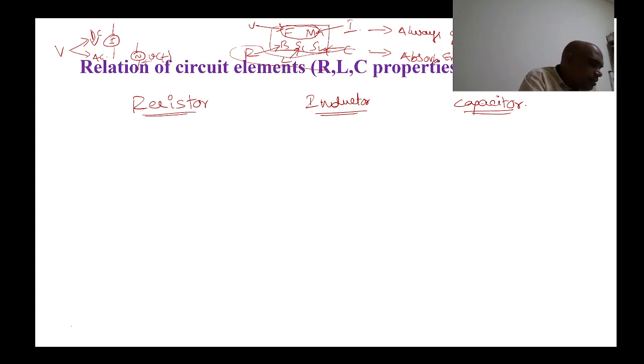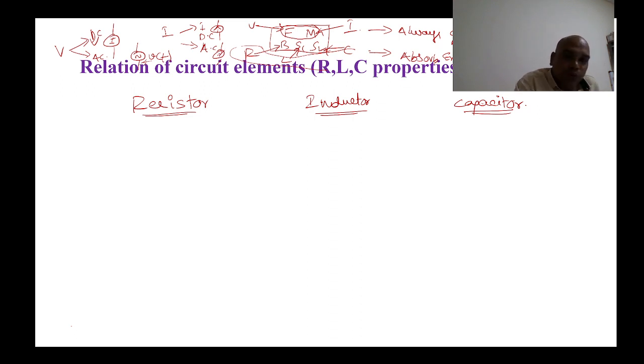If it is current, current is represented with I. So here I, which may be AC or DC. For AC, simply I can be represented as time varying current.